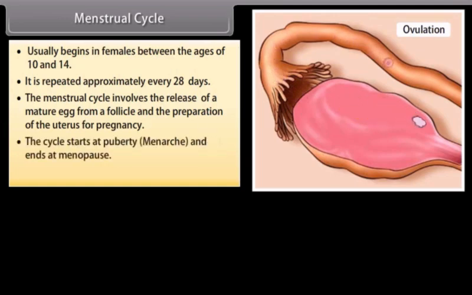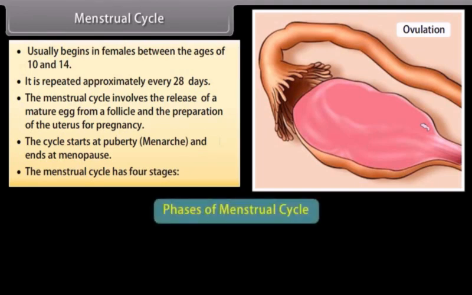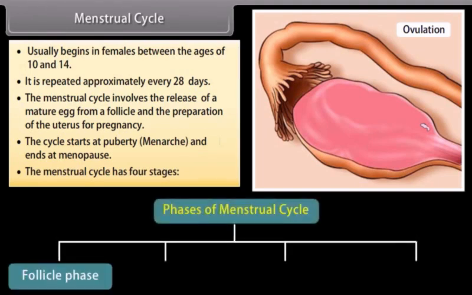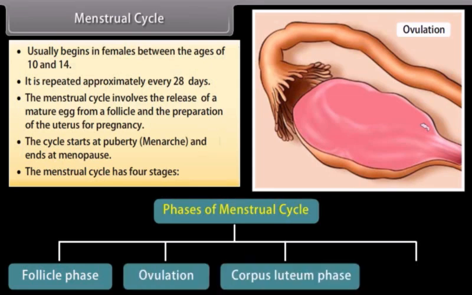The cycle starts at puberty or menarche and ends at menopause. The menstrual cycle has 4 stages. Phases of the menstrual cycle: follicle phase, ovulation, corpus luteum phase, menstruation.